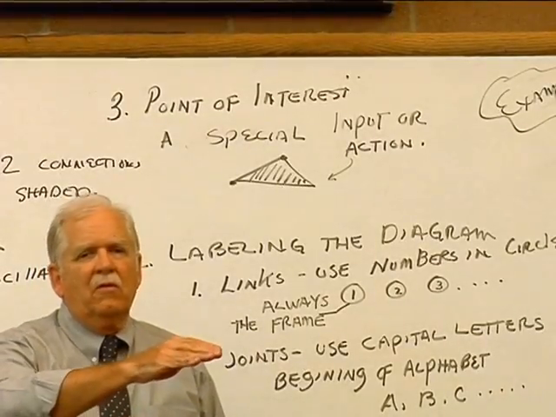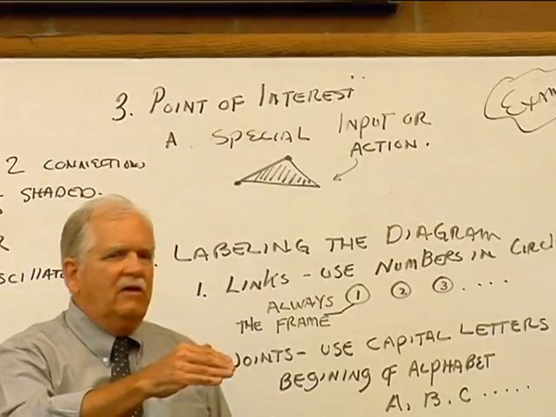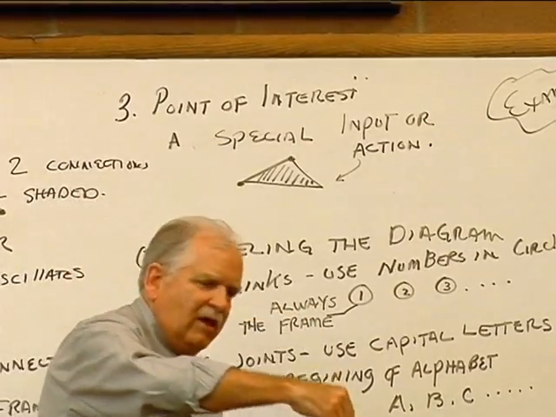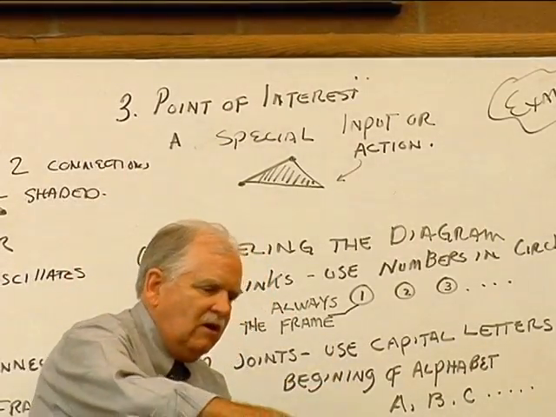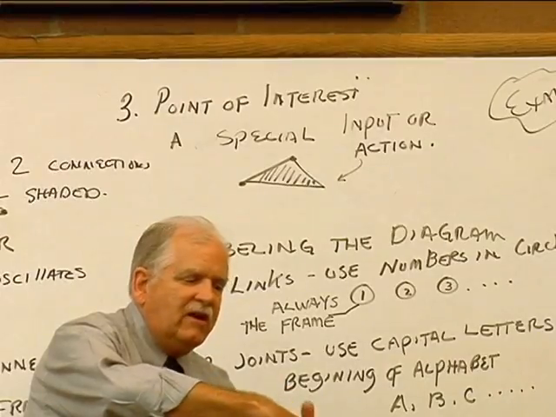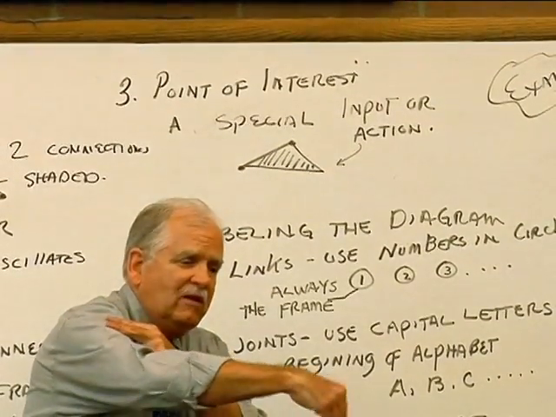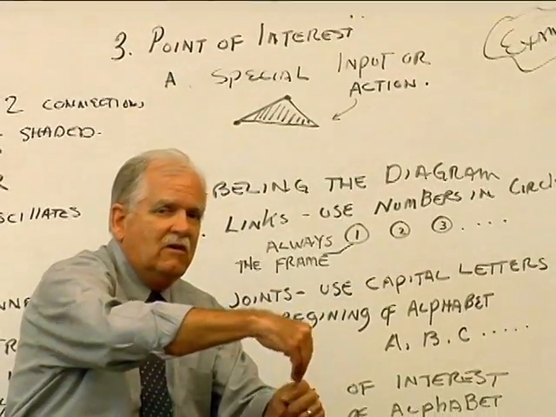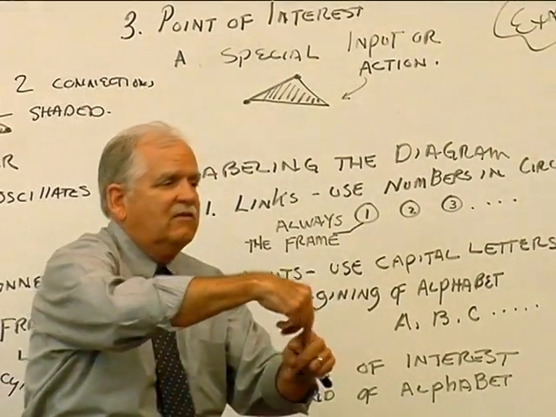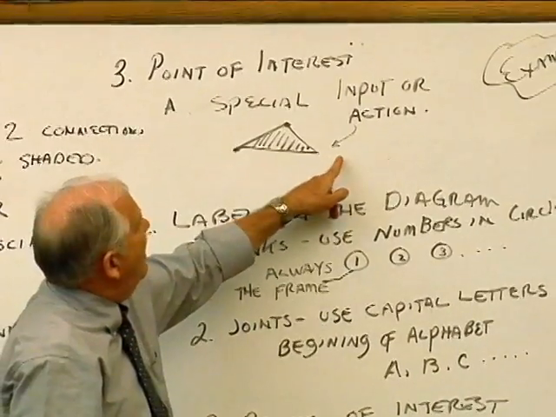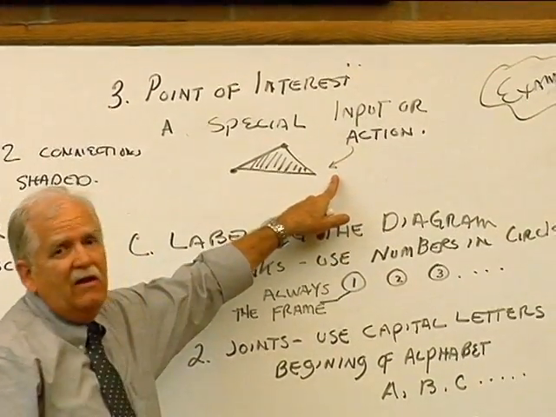So if you can imagine a digger of some kind, the digger would have a scoop on it like this. And that point is a point of interest. It's not connected to anything. All the rest of the mechanism is here within the machine, but this is the point of action, and that's a point of interest, and that has to be identified. And it does not have any letter or anything on it, nor does it have a joint.